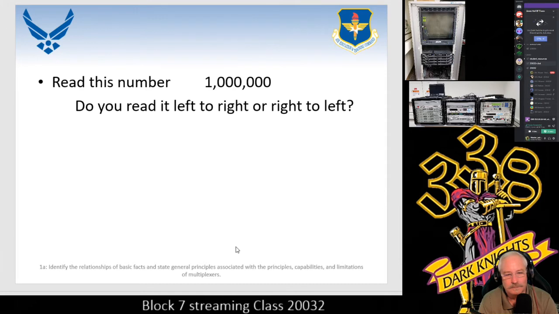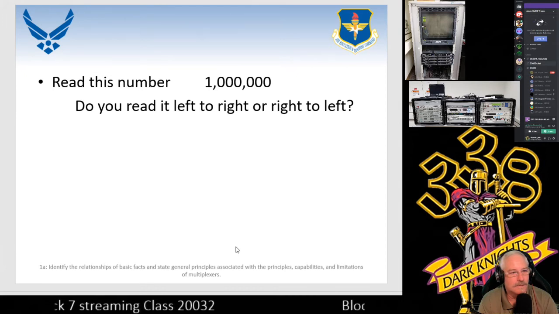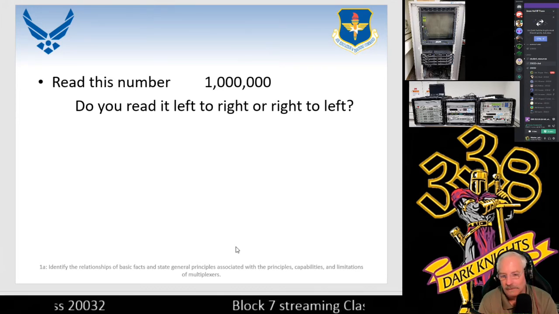Left or right, same. Garcia? Write it, and Johnson's writing it? Left to right. Okay. Wagner? My brain processes it right to left, but I say it out loud left to right. Okay. James? Left to right. And Richards? Left to right. And Smith. Left to right. Okay. Consensus is left to right.